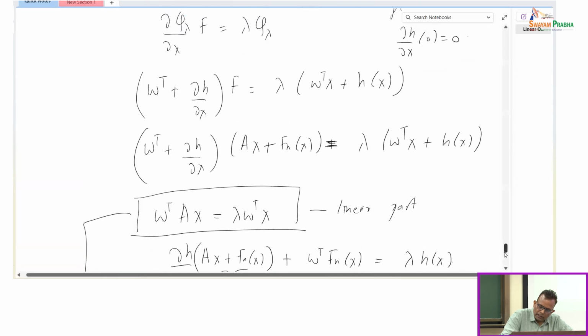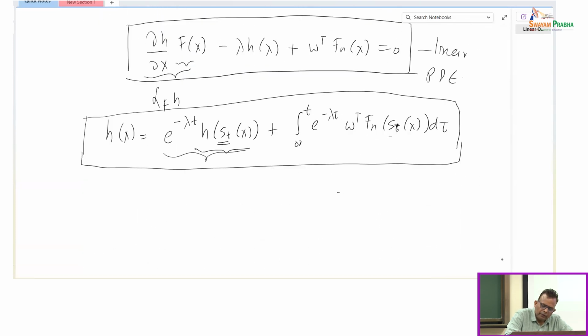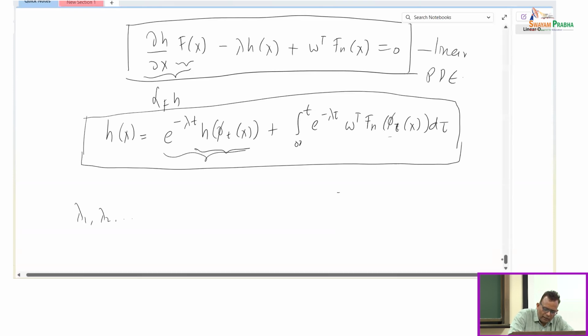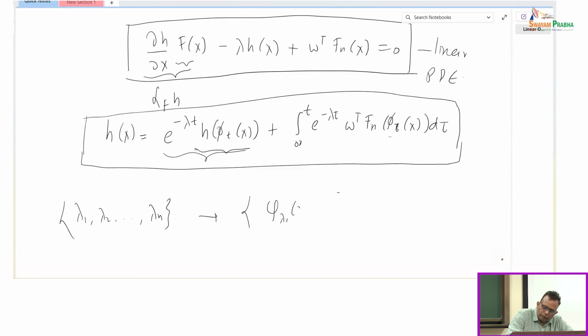So instead of s, just call it phi_t of x, where phi_t is the solution. And then we have the eigenvalues lambda 1, lambda 2 to lambda n, and the associated eigenfunctions, let me call them psi lambda 1 of x to psi lambda n of x.